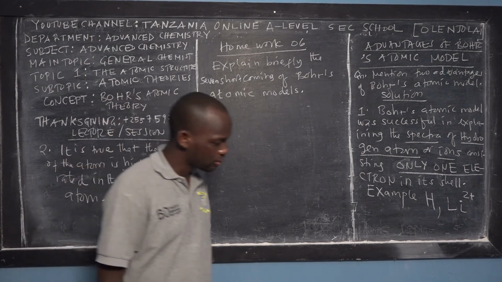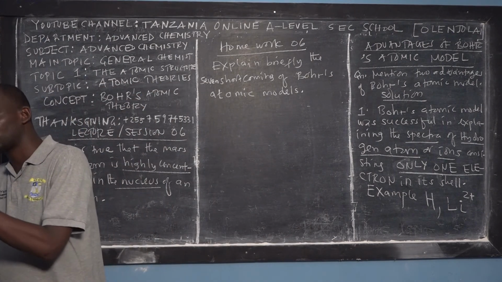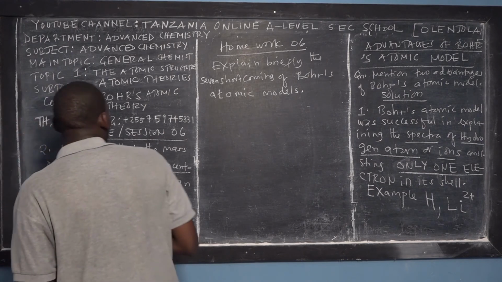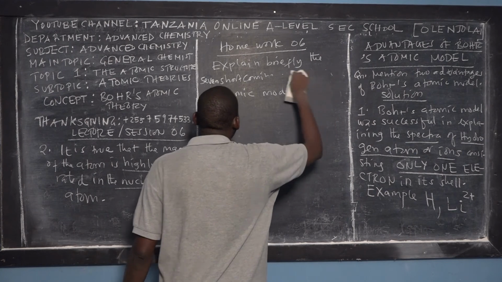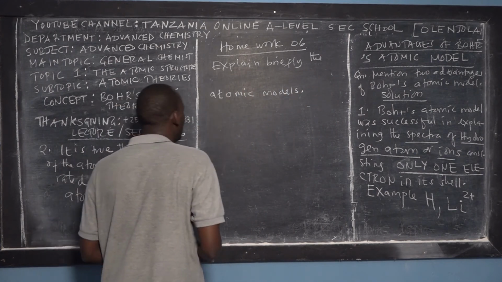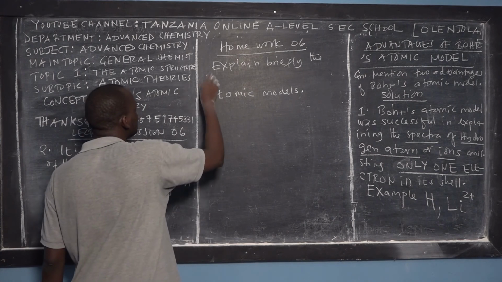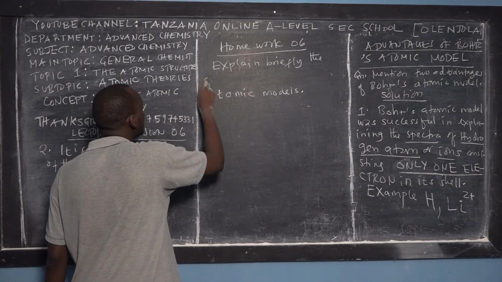Let me write it correctly, because I know students used to have a lot of excuses: sir, the question was not visible, your handwriting was not readable. But he or she has been reading my handwriting from the beginning of the lecture, and when it comes to the homework, there are a lot of excuses.